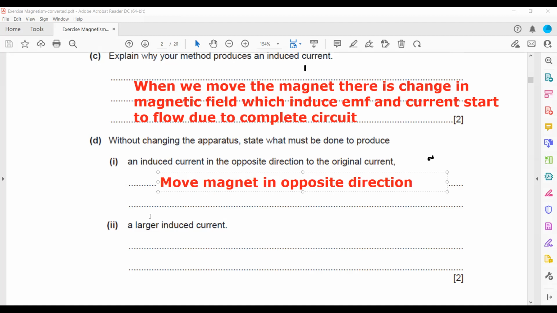But because we cannot change the apparatus, so we cannot change the magnet or the coil, the only thing we can do is move the magnet faster. So by moving the magnet faster, the magnitude of the induced current will be larger.